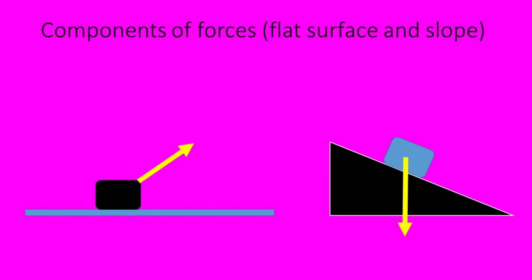Going down the slope, we had to remember that the weight always goes straight down. Weight is never at an angle. It's straight down. So there's a perpendicular component, which was perpendicular to the slope. Perpendicular, remember, is the weight times cos theta. And we had a parallel component parallel to the slope, which is weight times sine theta.